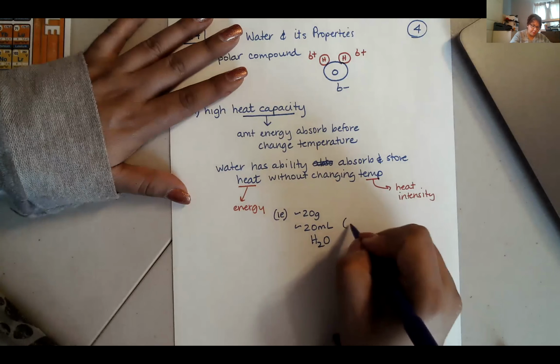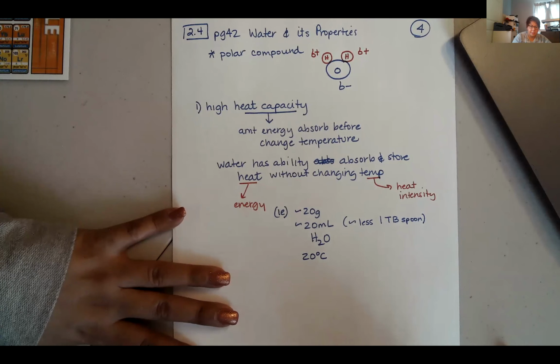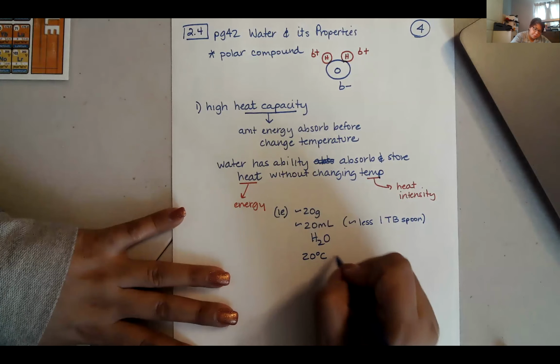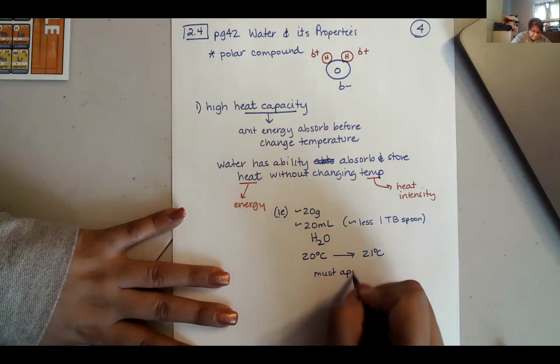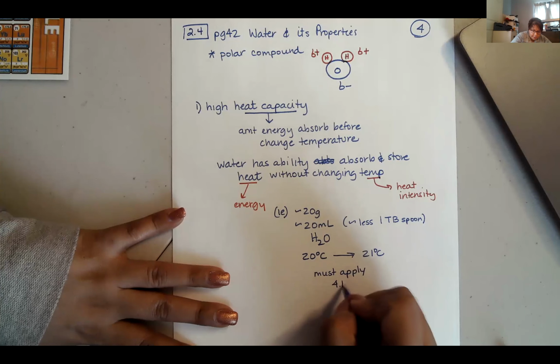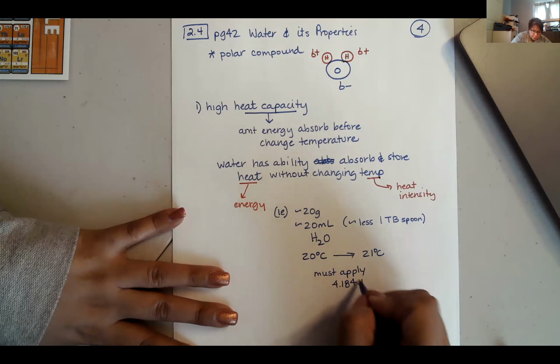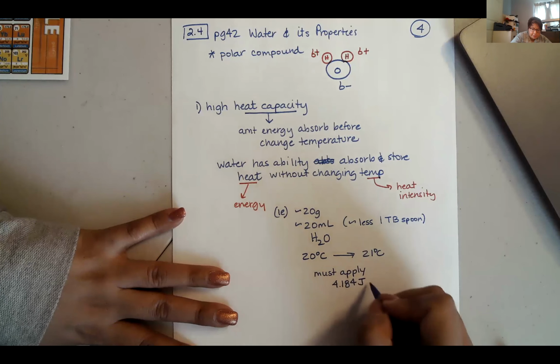Okay. So I have a small amount of water. It's sitting at 20 degrees Celsius. If I want to raise the temperature to 21 degrees Celsius, I must apply 4.184 joules of energy. Okay.